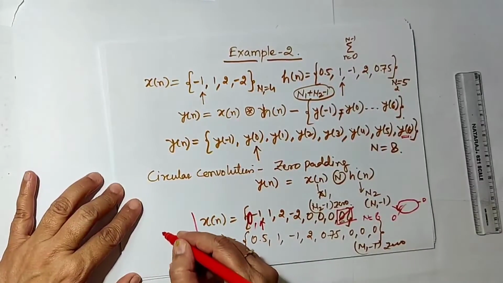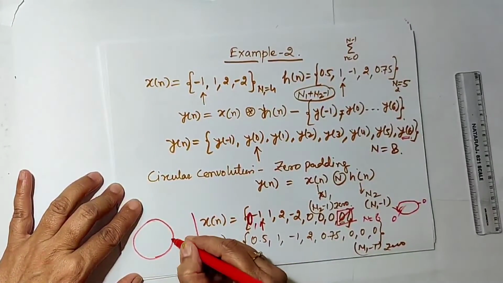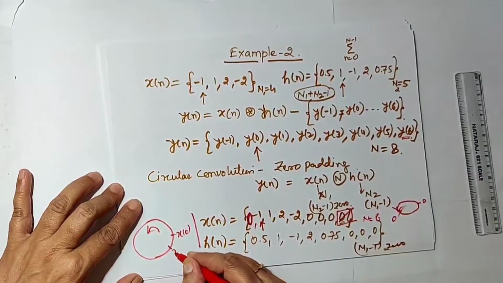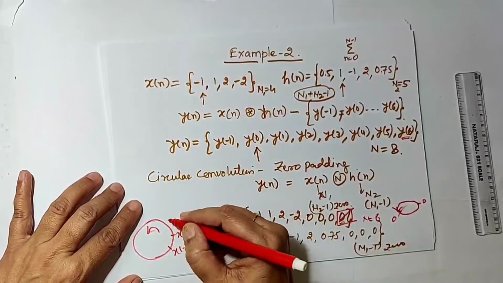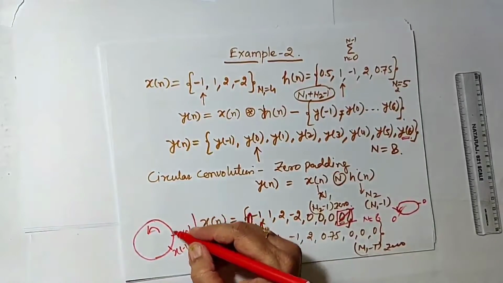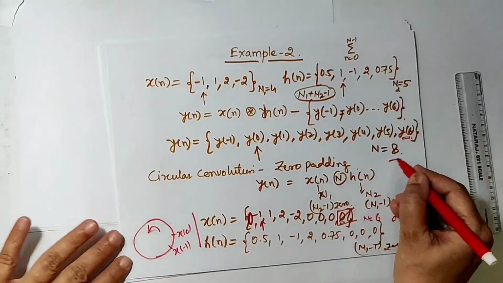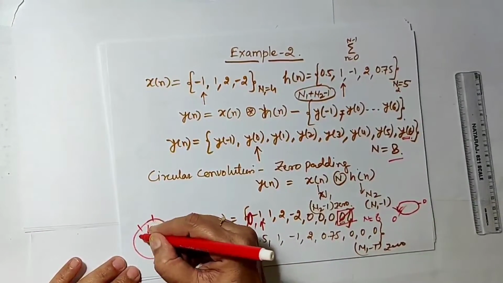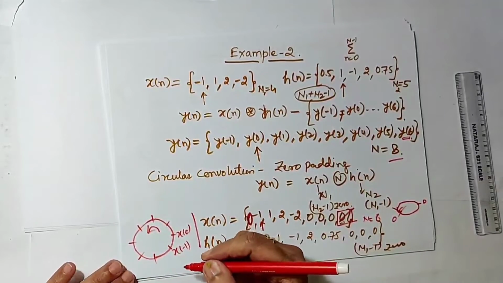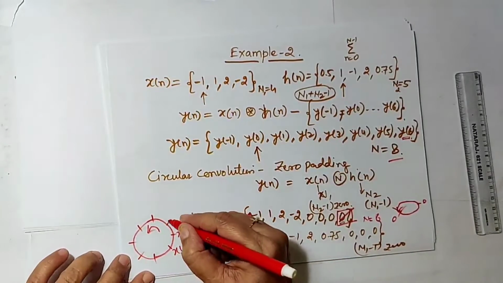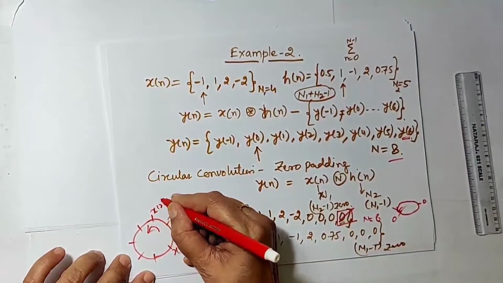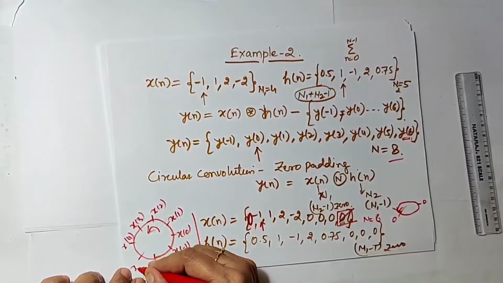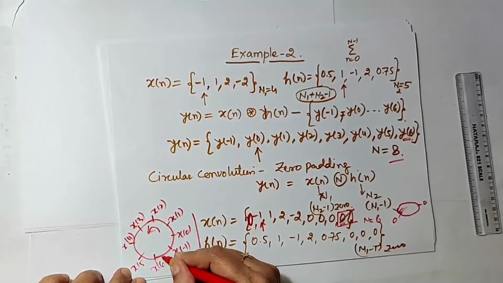So I can plot this x0 anti-clockwise. So I'll put x of minus 1 earlier. Then it is n equal to 8. Okay, so I'll take this: x0, x1, x2, x3, x4, x5, x6.